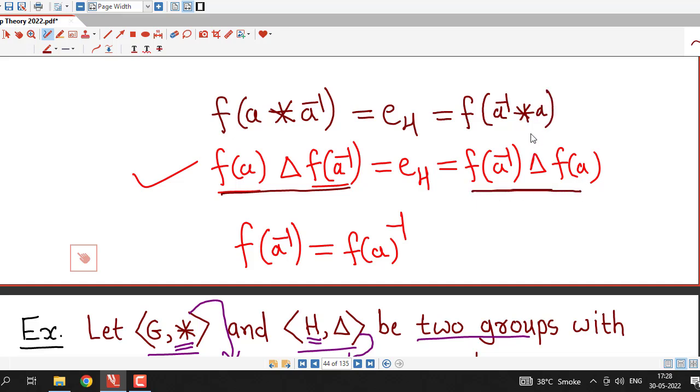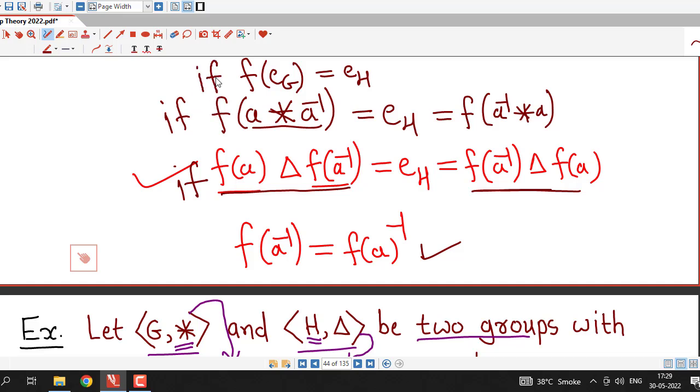So here I am using the definition of homomorphism. Now this a ∗ a⁻¹ is nothing but the identity in G. So this is true. We want to prove this. So this is true if this is true, this is true if this is true, and this is true if this is true. So we have shown the proof here.